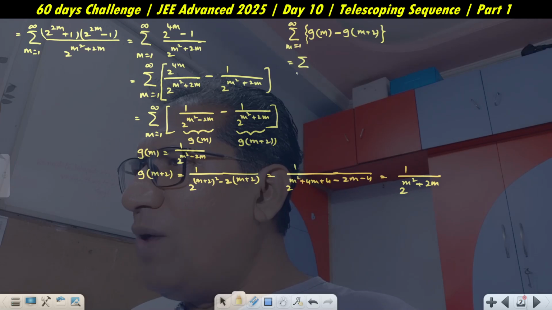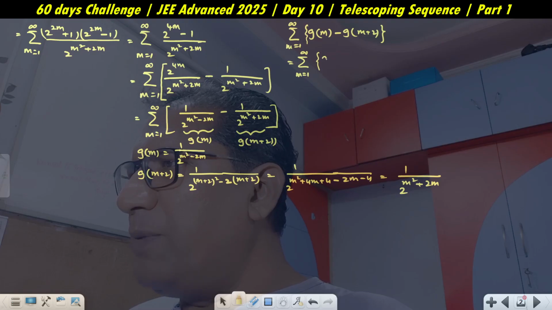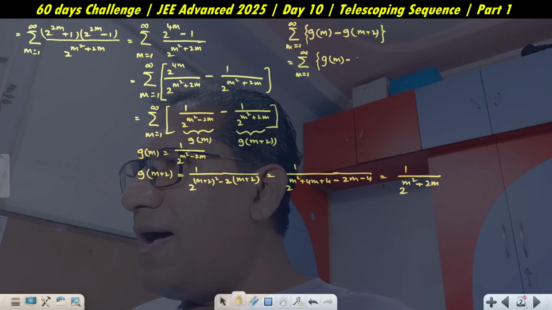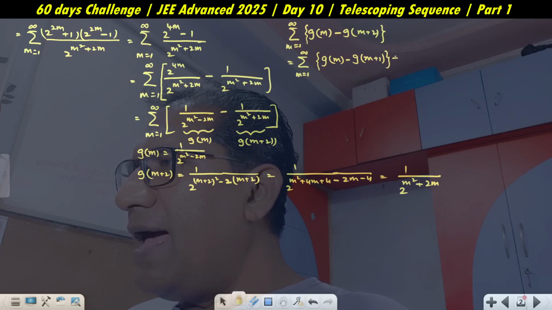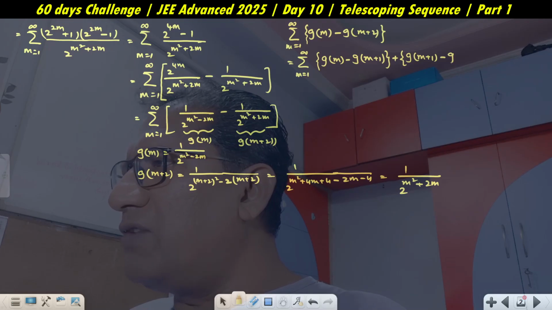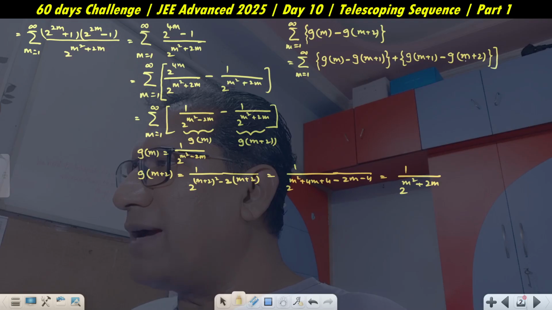So let me just do one thing. Limit m is from 1 till infinity. I'm simply manipulating this by subtracting Gm plus 1 and then adding Gm plus 1. So it will get nullified and the thing will become like this.